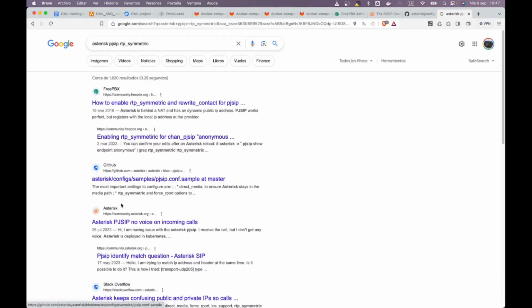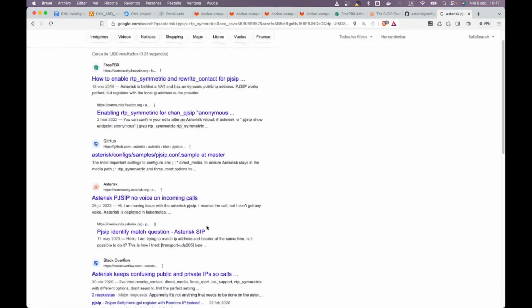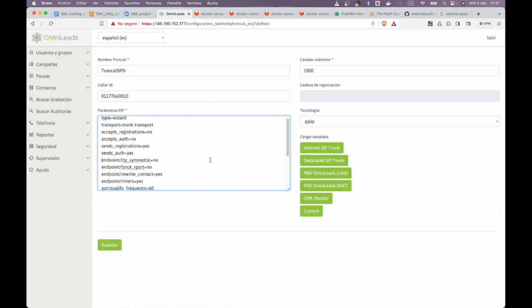And let's always see the documentation for each of these parameters. Obviously, I don't remember them off the top of my head. The force rport and the like also have to do with the RTP on which SIP is based. When there are NAT problems, these parameters help.